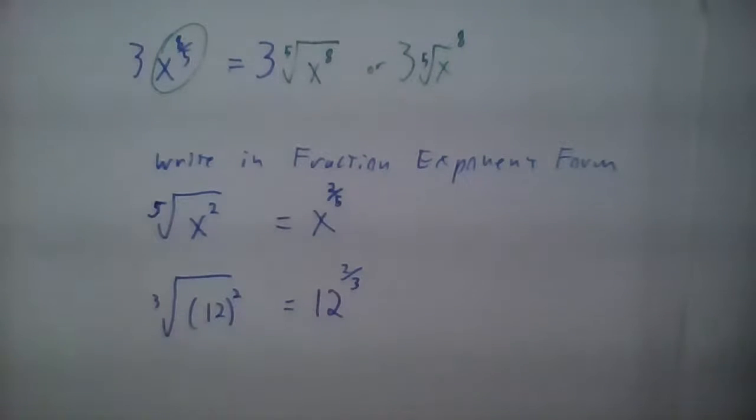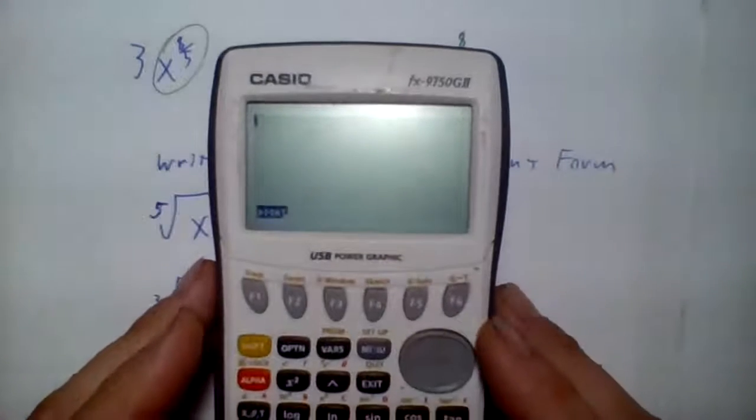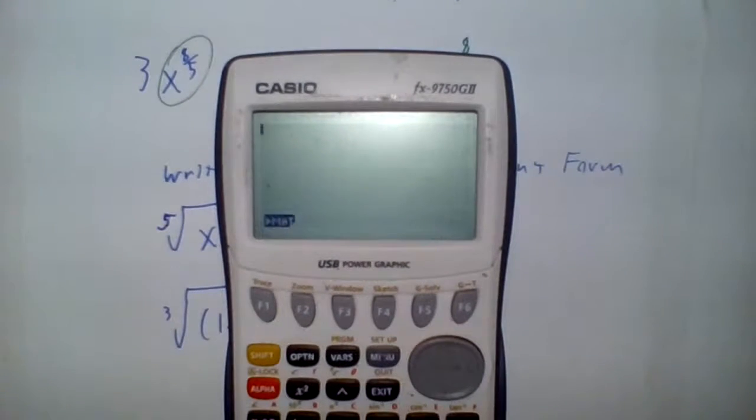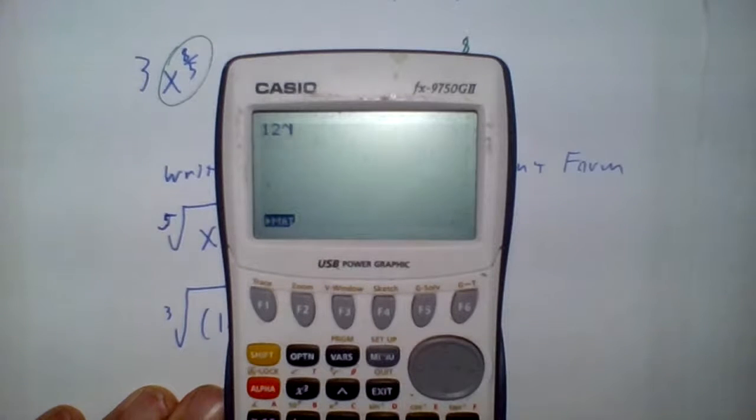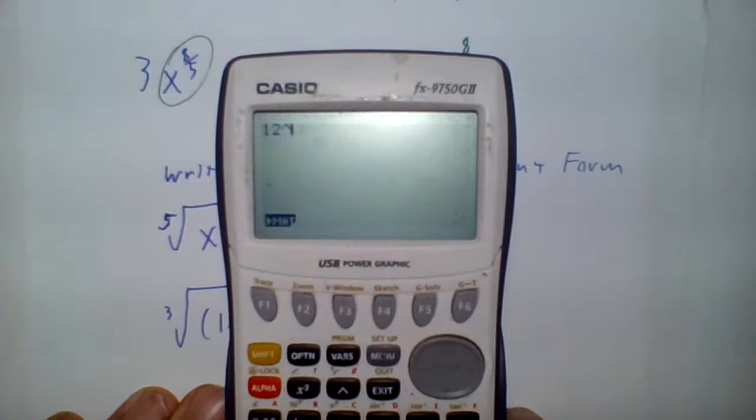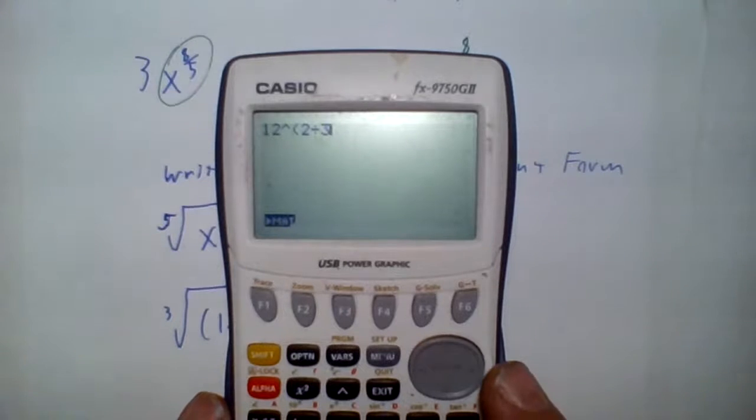See how that works on the calculator. I'm entering the base first, 12. I'm going to use the regular exponent button, and I have to be careful here because the exponent's supposed to be 2/3. I want that whole thing to be part of the exponent, so I am going to use a container around that to make sure that the whole thing, 2 divided by 3, is part of the exponent.